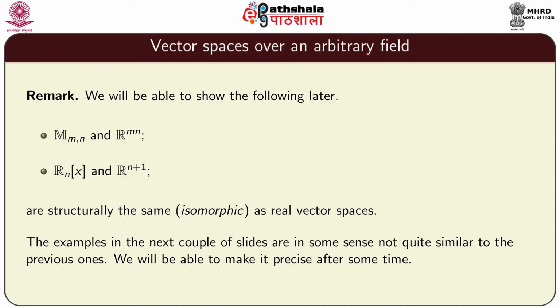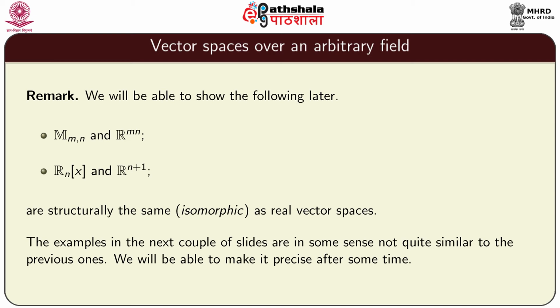Similarly, for Rn[x], we have already seen that a typical polynomial in Rn[x] is uniquely determined by an n plus 1 tuple, and therefore, we can again create a map between Rn[x] and R to the power n plus 1, and again we will be able to see that these maps are somewhat special in the sense that they are structure preserving.